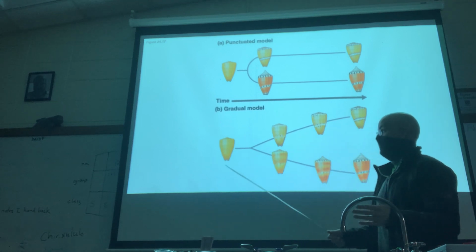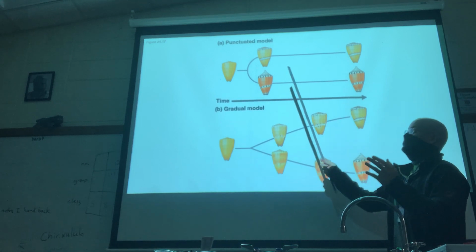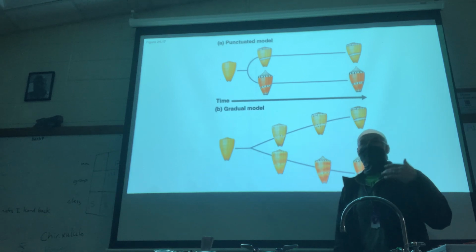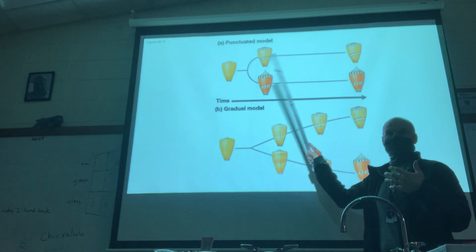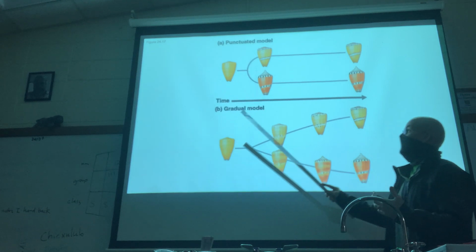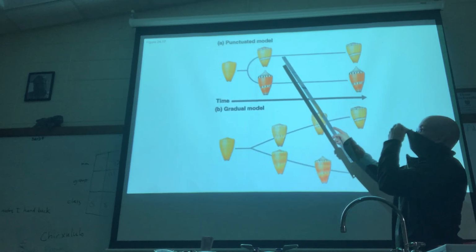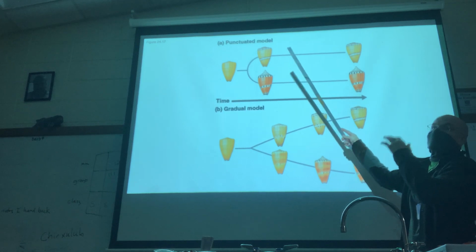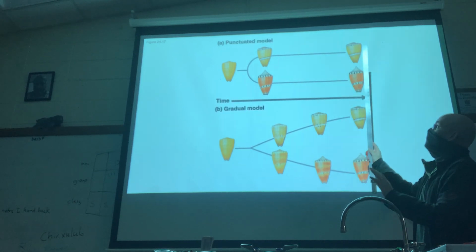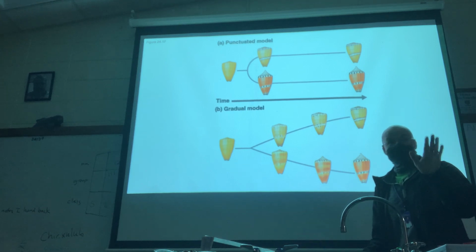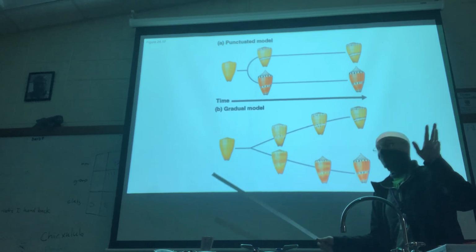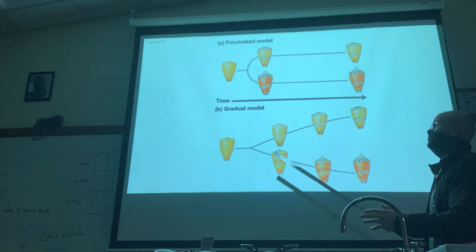There's been two models proposed, and like most things in science, the truth probably lies in both of them. It's not to say that one model is right and one model is wrong, but what we find in the fossil record is evidence for both of these manners of change.